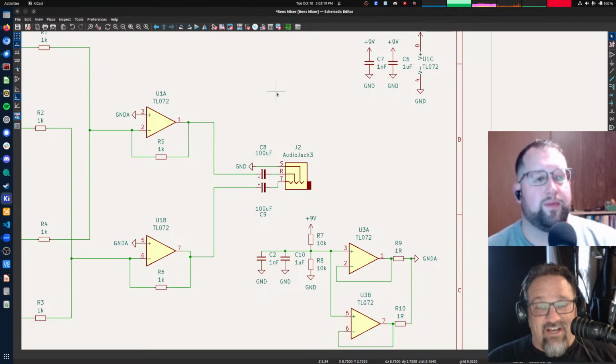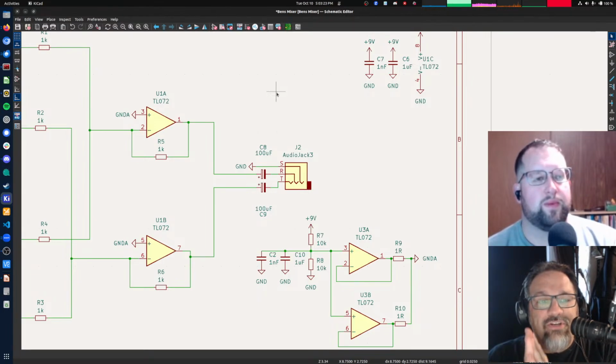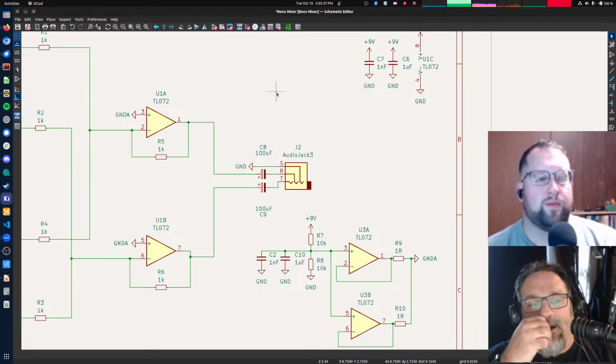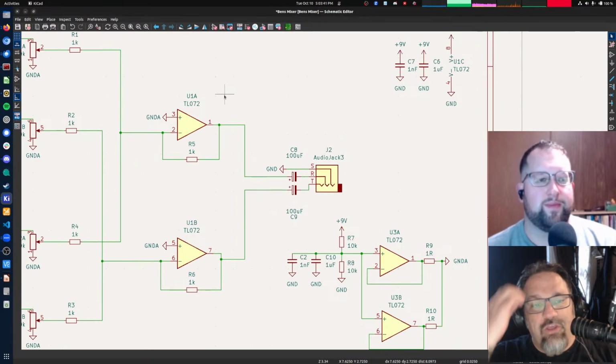That's all it does. But with that simplicity, you can do so much with them. It's like chess, right? The rules are simple, but the way those simple rules get put together can result in incredibly complex things. Op amps are like that. You can use op amps to do some serious magic.